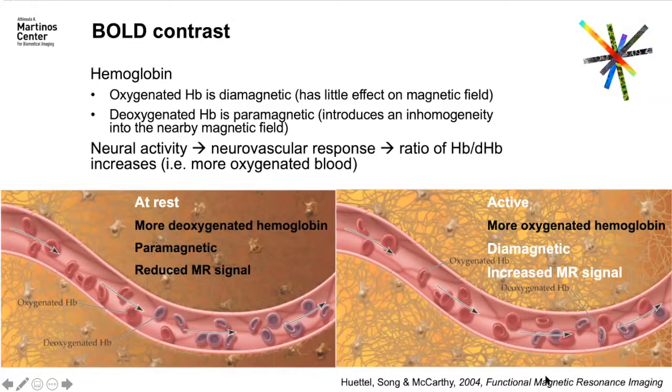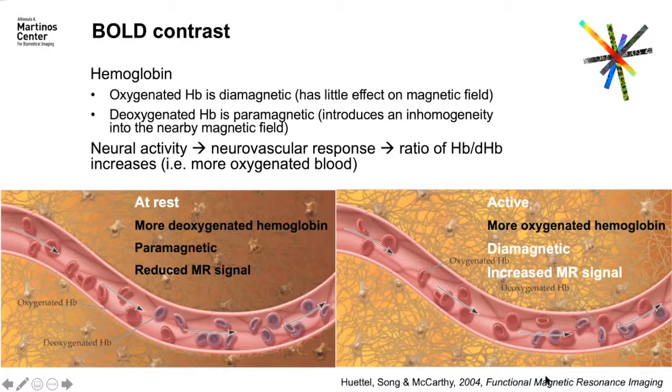So when we are at rest, there is relatively more deoxygenated hemoglobin in the blood, in the veins, and MR signal is smaller. But when some brain tissue becomes active, there is more oxygenated blood coming to meet the needs of the area, because when the neural tissue is active, it consumes the oxygen, and then it becomes deoxygenated.